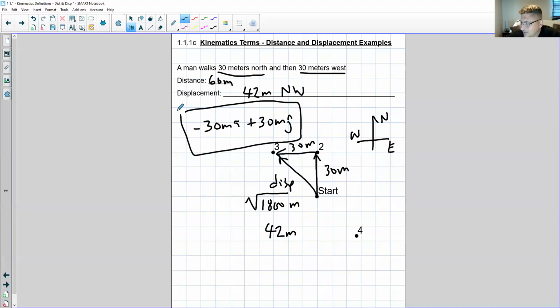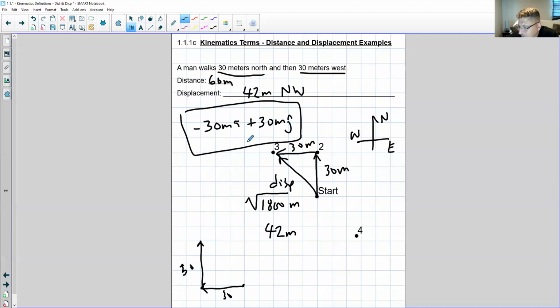We all know what that means. That means if you want to represent the path traveled by this person, start here, go 30 meters in the negative x direction and 30 meters in the positive y direction. And that's where you ended up.